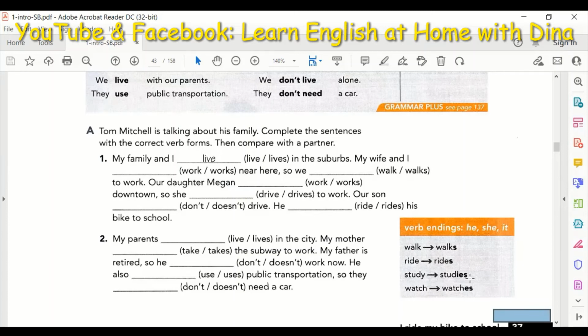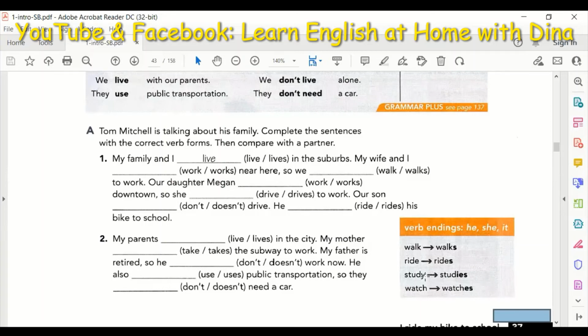We just add an s to walk so it becomes walks, and we just add an s to ride so it becomes rides. As for the verb study, يدرس أو يذاكر، بحوله مع he وshe وit بإني بخلي الواي دي ببدلها.